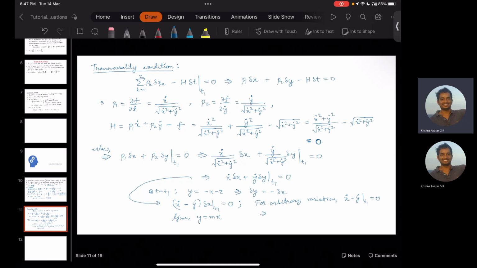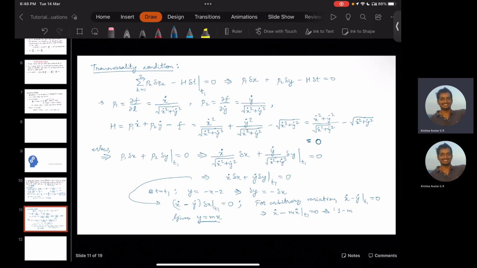Now we'll differentiate both sides of this equation with respect to t. So this gives us y dot is equal to mx dot, and then at t is equal to t1, we'll still have x dot minus mx dot at t is equal to t1 is 0.